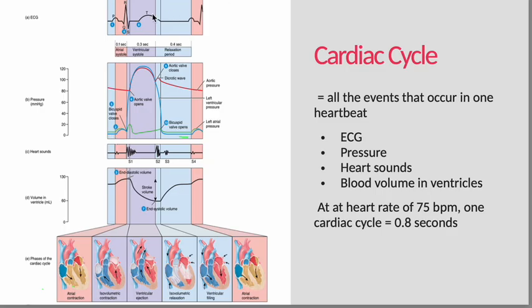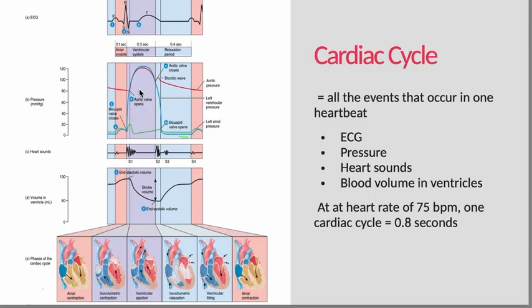So the next electrical signal that's going to occur is our QRS complex. Again, this was our signal for ventricular depolarization, and then that is going to trigger ventricular contraction. So here we see our ventricular depolarization going to trigger our ventricular systole, which is this purple phase.